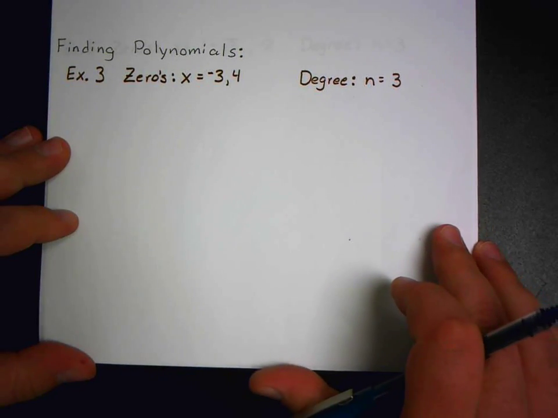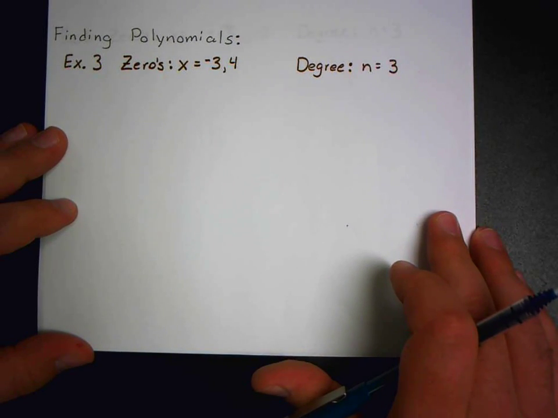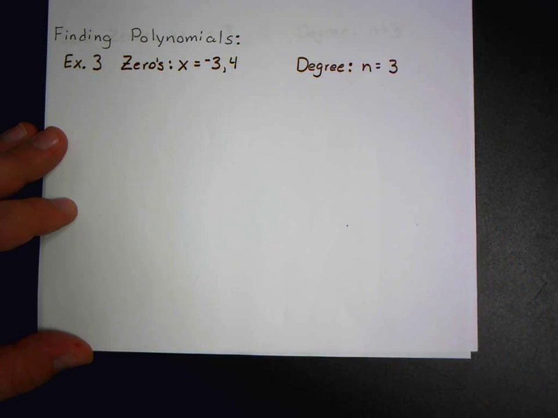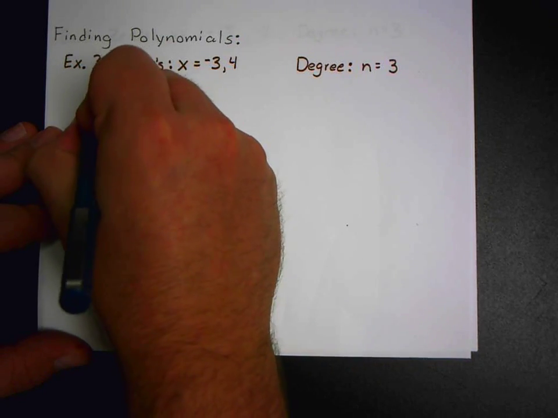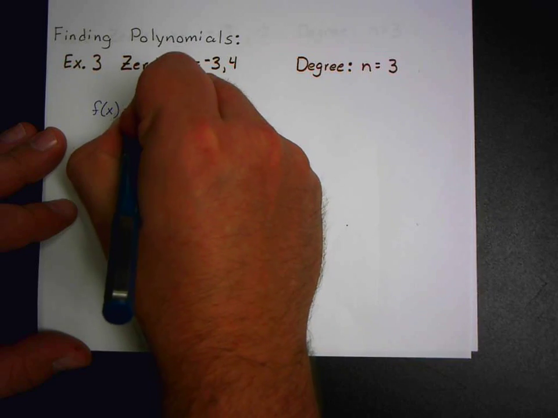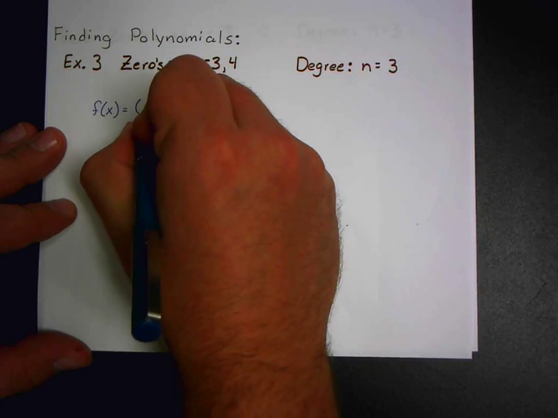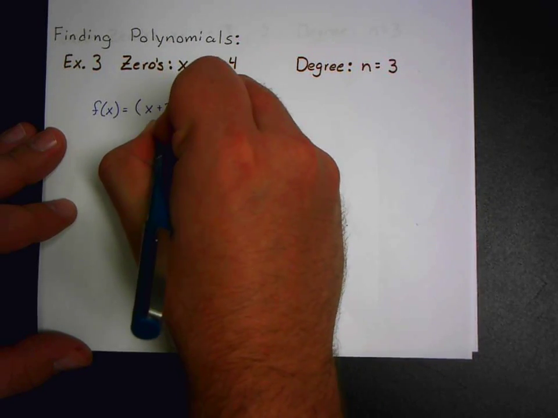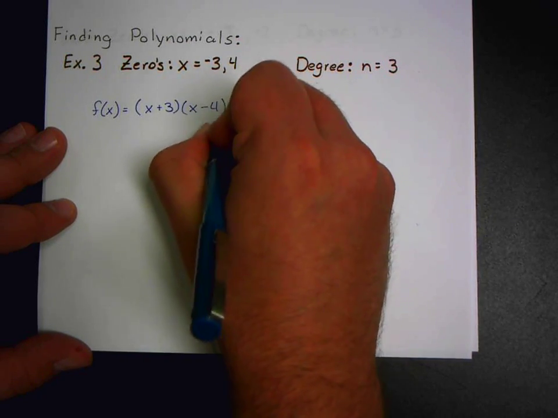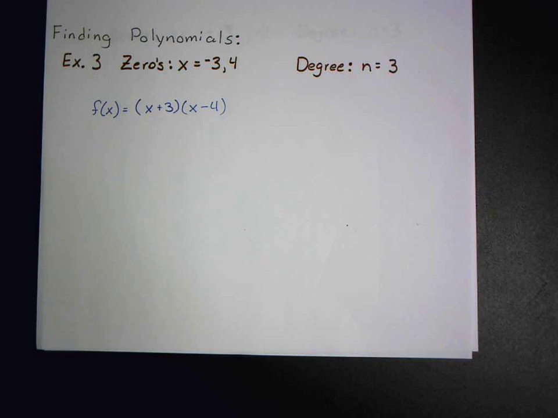Okay. Finding zeros of polynomials. All this really means is you're doing these are the zeros, so we're going to turn the zeros into factors, and then we multiply.